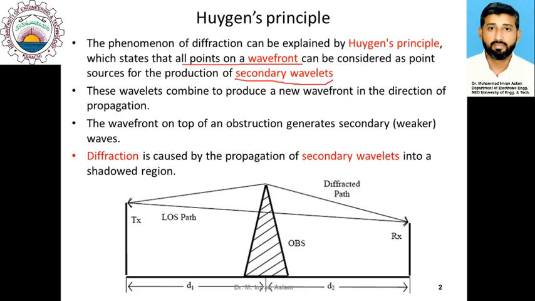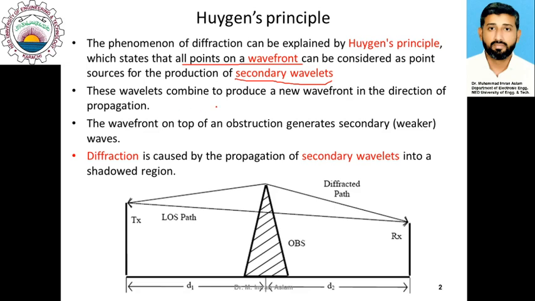So if a wave gets diffracted, then the wave fronts which are available in the undiffracted path also generate new wavelets, which are named secondary wavelets, and those secondary wavelets also propagate to the region which is blocked by an obstruction to prevent the line of sight communication.